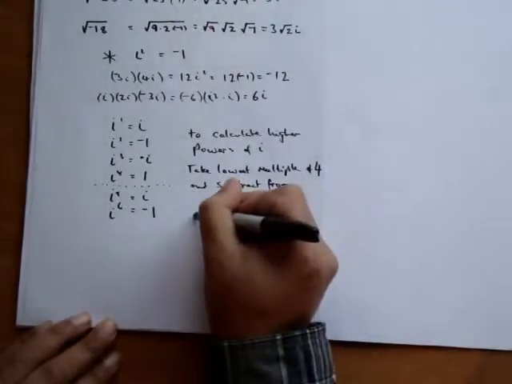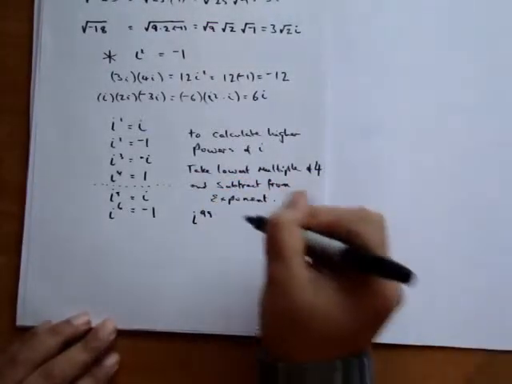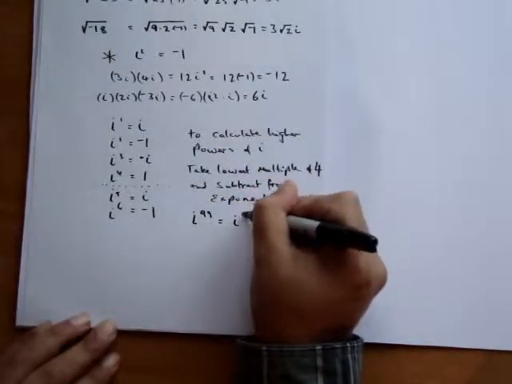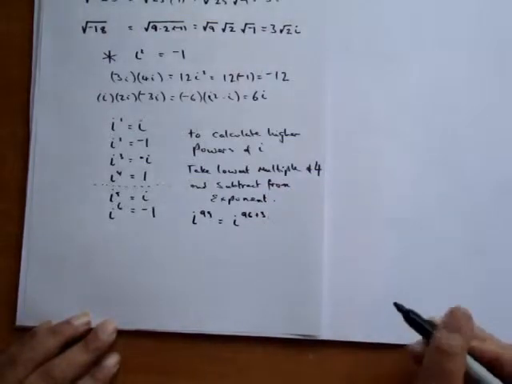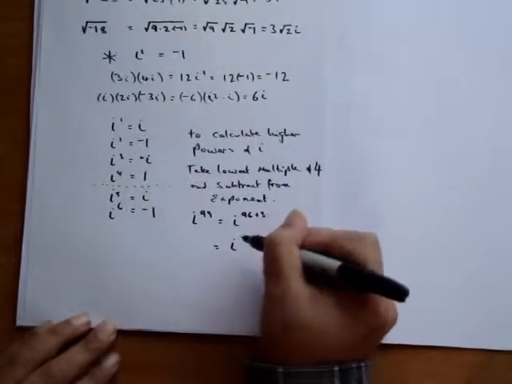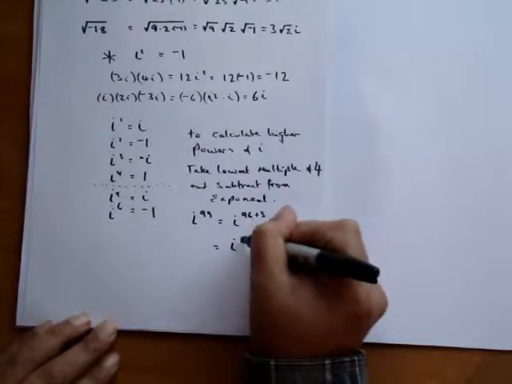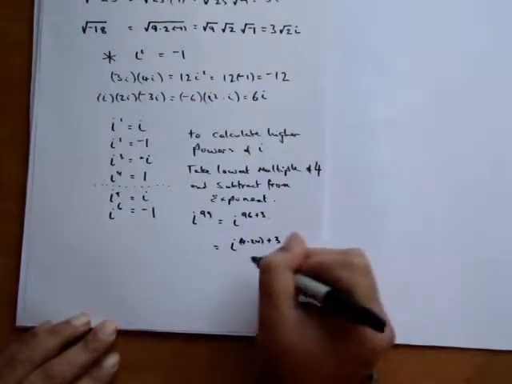If we had i to the 99, this equals i to the 96 plus 3. So this would equal i to the 4 times 24 plus 3.